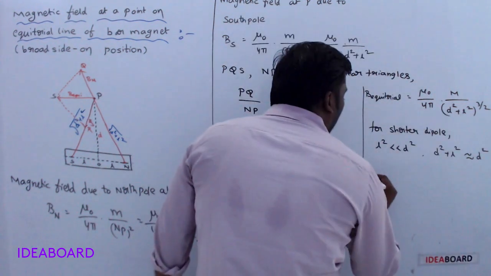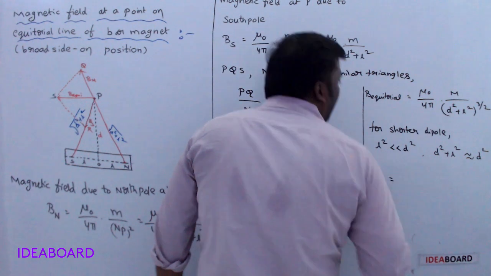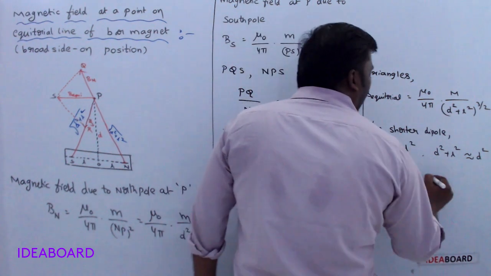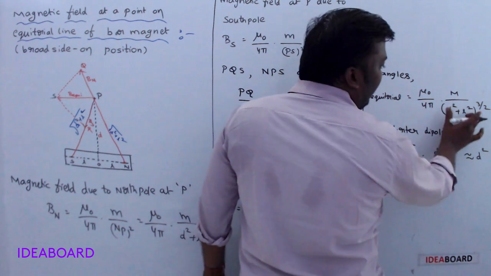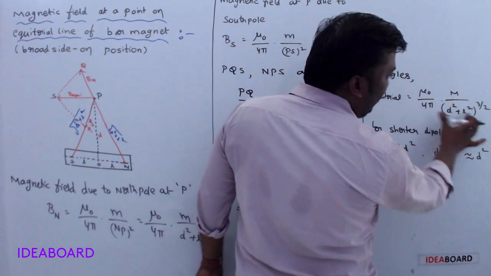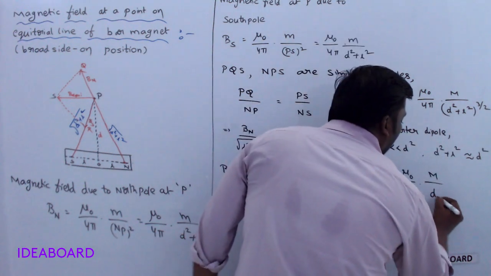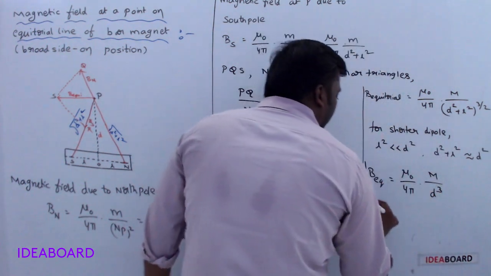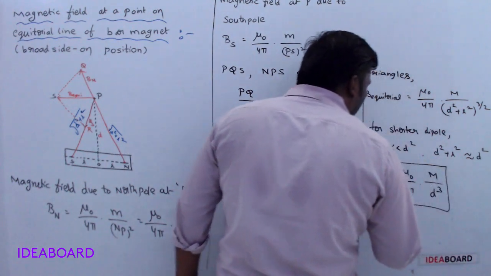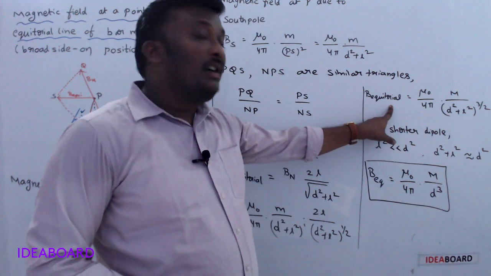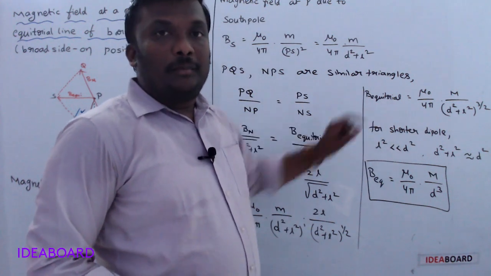Substitute here: B equatorial is equal to mu naught by 4 pi capital M by d square, whole power 3 by 2, where instead of d square plus L square you write d square. Then the square and 2 cancel, and you get d cube. So this is the formula for a shorter magnetic dipole, and the earlier one is the formula for a longer magnetic dipole.